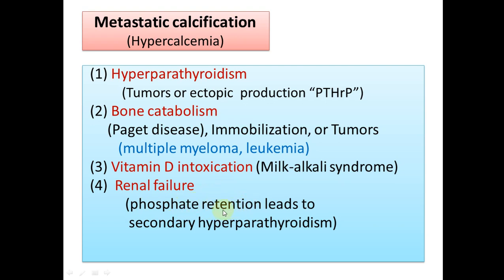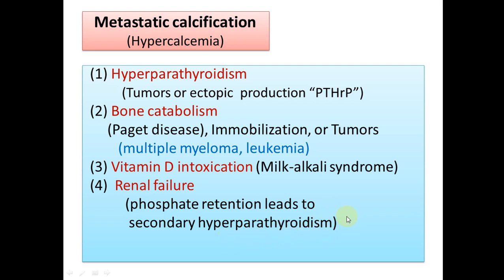As a result of the binding of the calcium to the excess phosphate, there occurs a false hypocalcemia, and this false hypocalcemia we will discuss in detail when we discuss the parathyroid gland disorders.